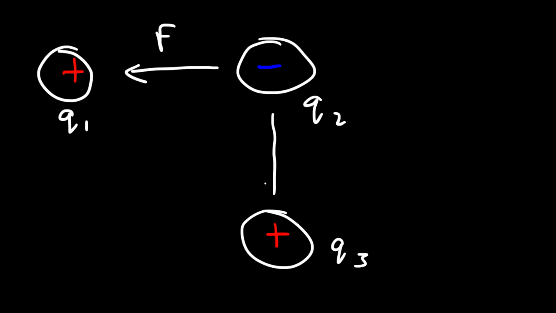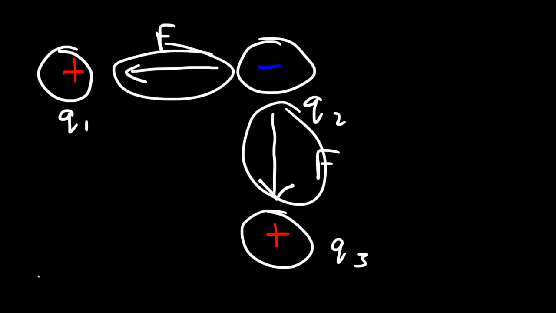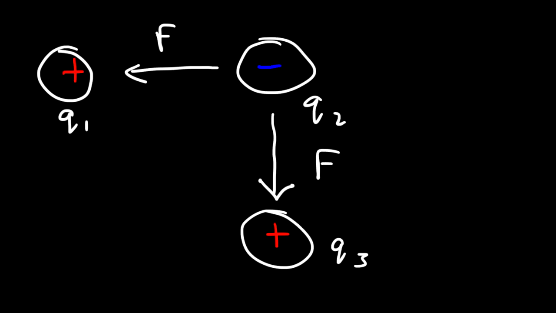Q2 is also attracted to Q3. It feels a force that pushes it down. And so if you combine these two vectors, if you go to the west and also south, the resultant force vector will be directed southwest.